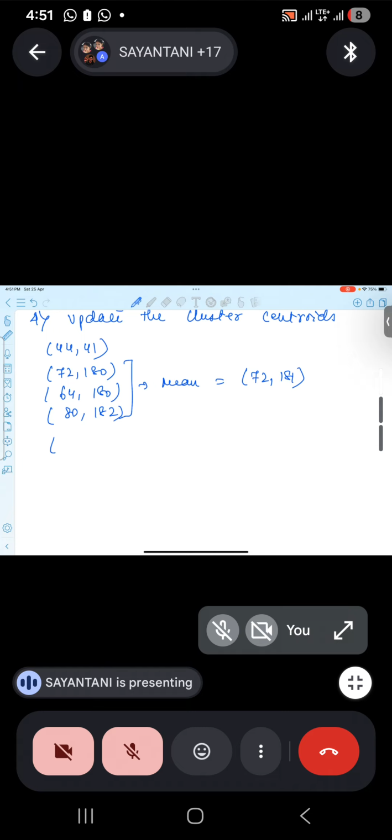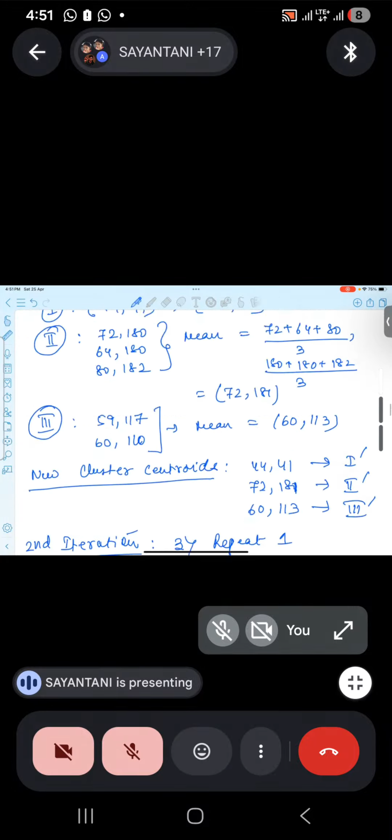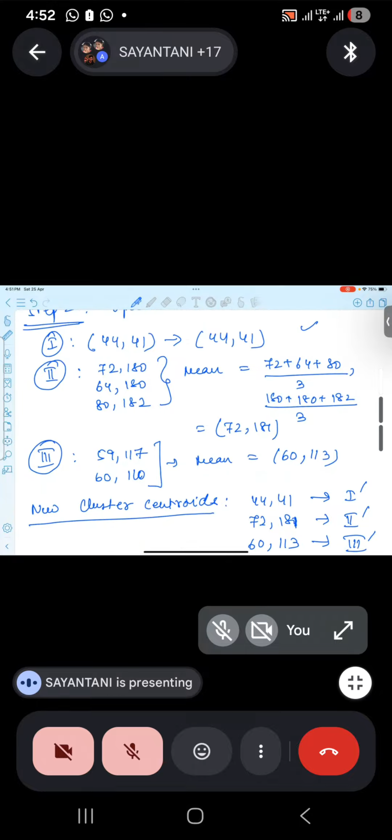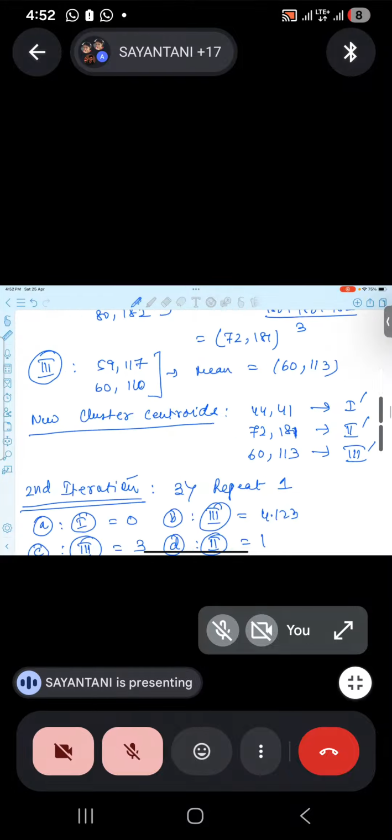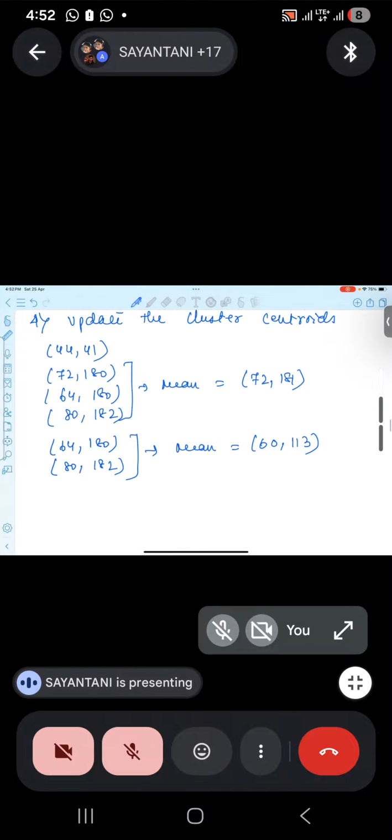And for the third scenario, you take the mean and you get this as an answer. Now look at these final values carefully. They are the same cluster centroids that we obtained over here, that is, in iteration number 1 itself, right? So that is why over here we stop.